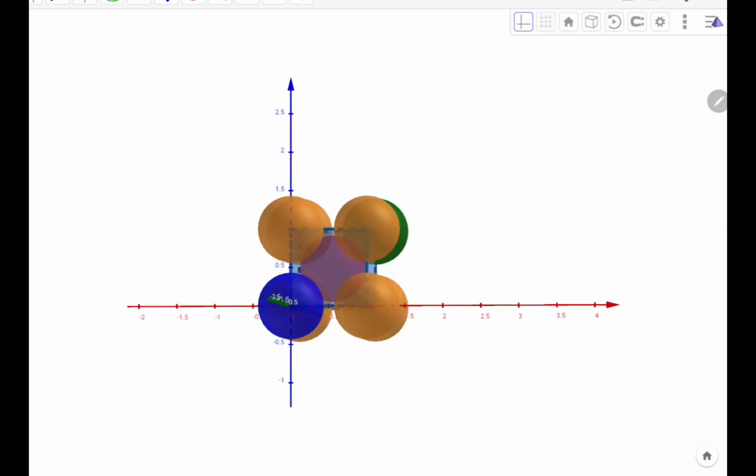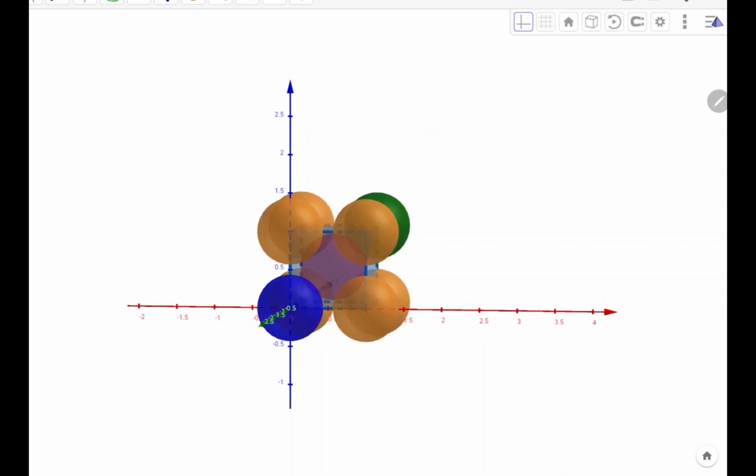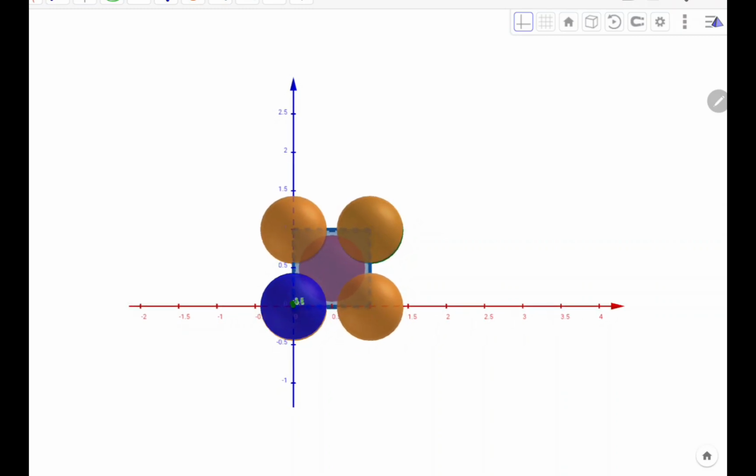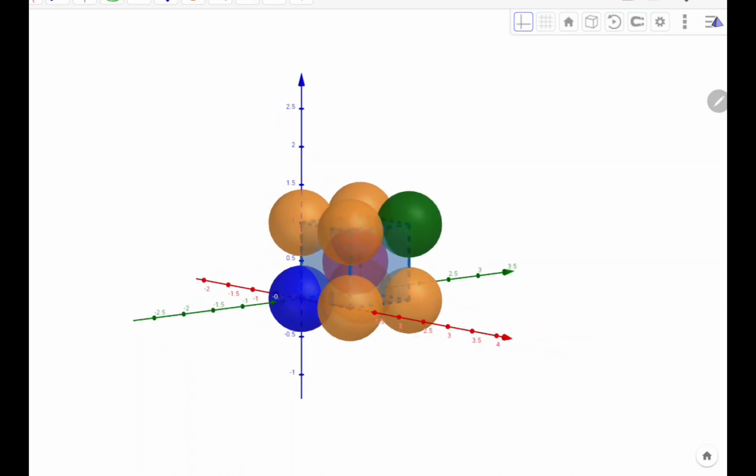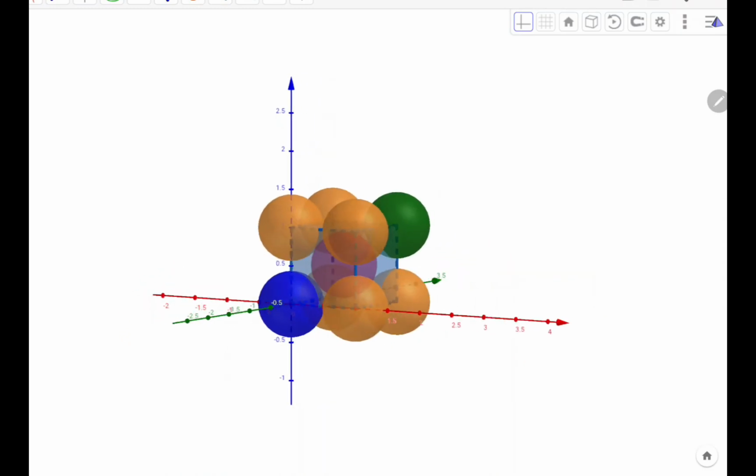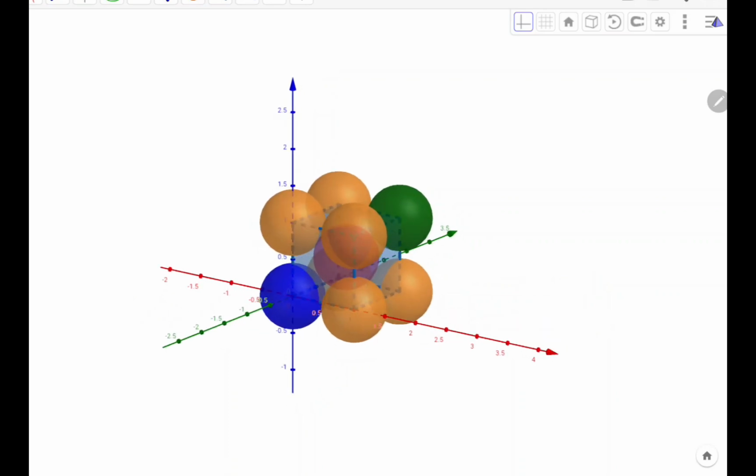But the green atom is in contact with the red atom, and it's in contact with the blue one. And the green, red, and blue is the diagonal of the cube. And the diagonal of the cube is equal to 4R, because this green one contributes R, the red one contributes 2R, and the blue one contributes 1R.